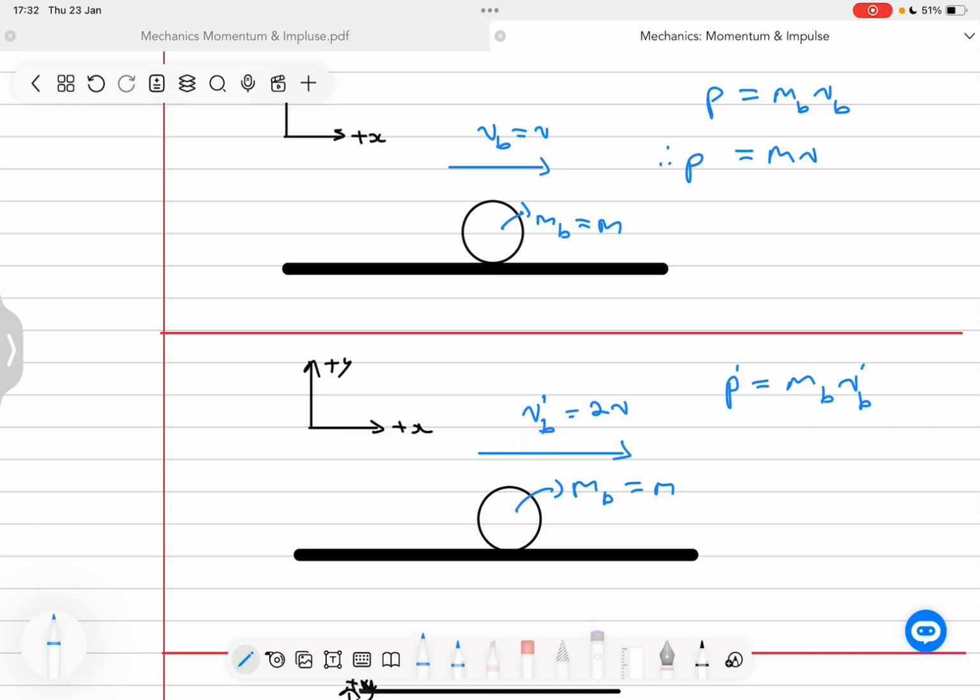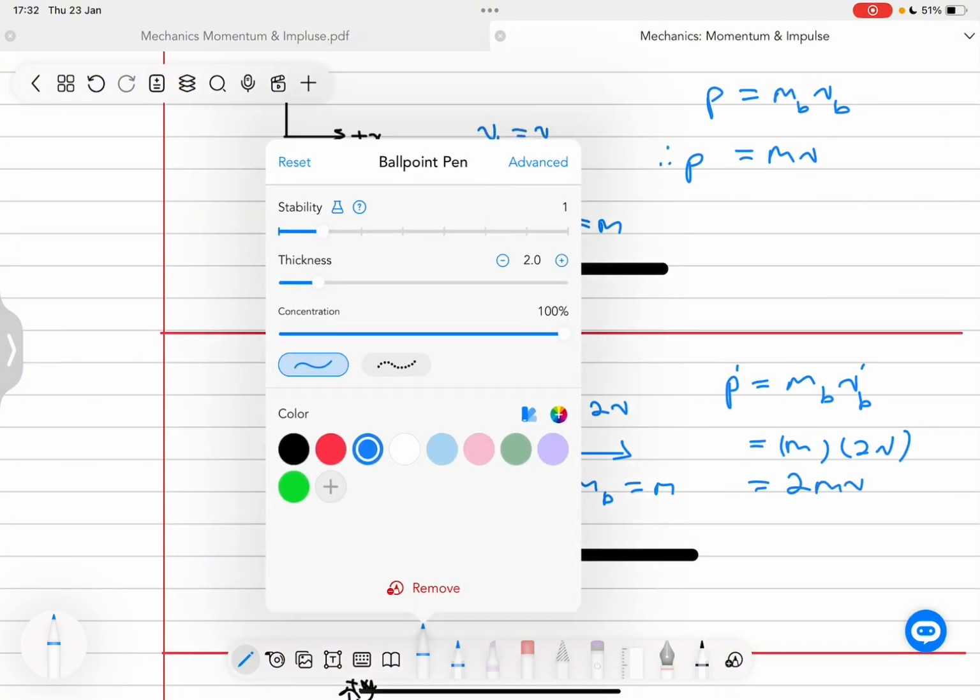It's not the same as the original velocity. When I substitute, I'm going to have m times 2v, and this will simply give me 2mv.